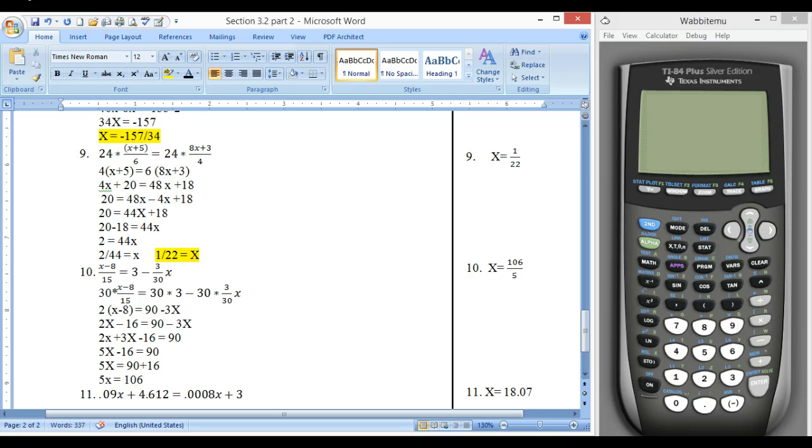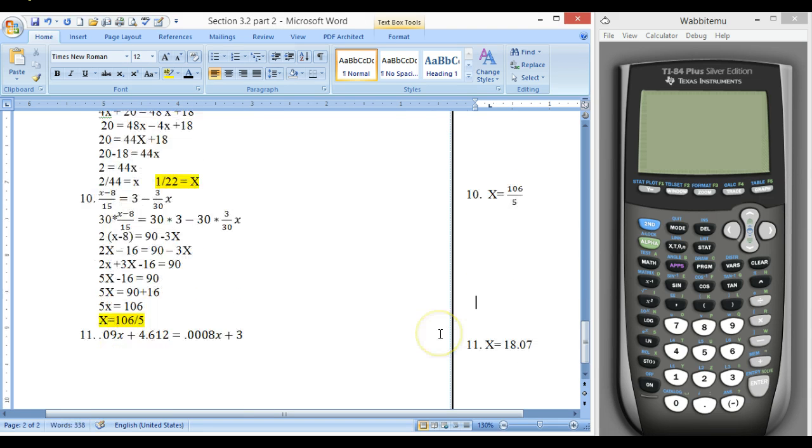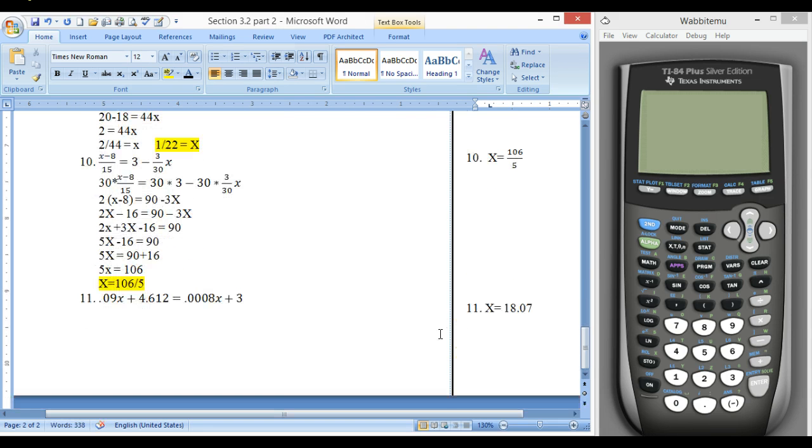Okay? And then to continue solving, I get x equals 106, divide both sides by 5, it cancels on the right hand side, and I get 106 over 5. And highlight my answer. I guess we didn't give ourselves too much room for number 11.